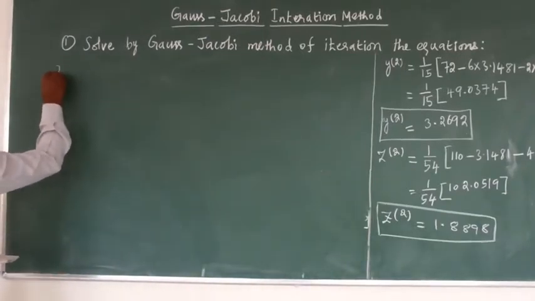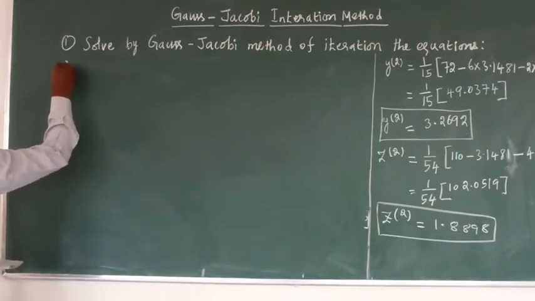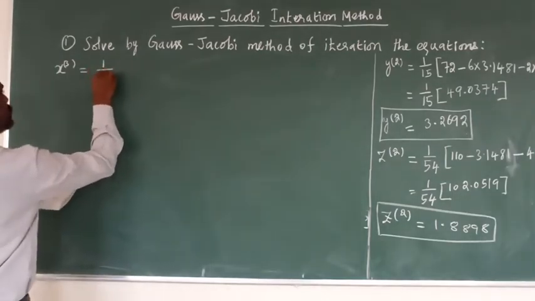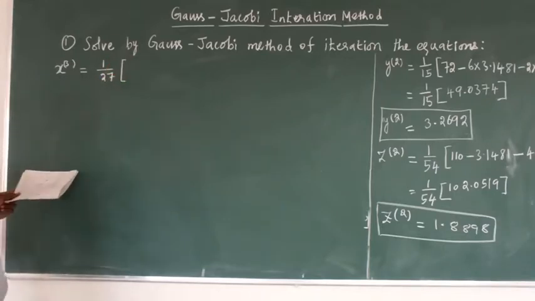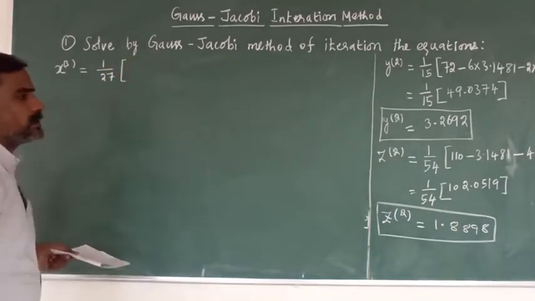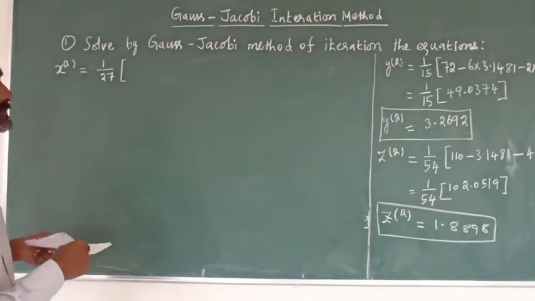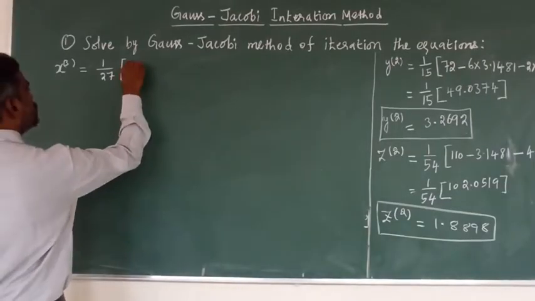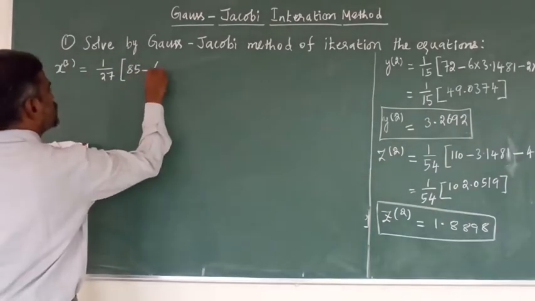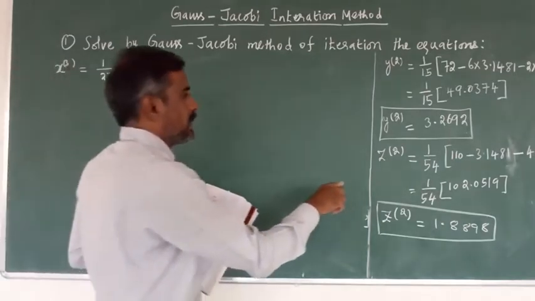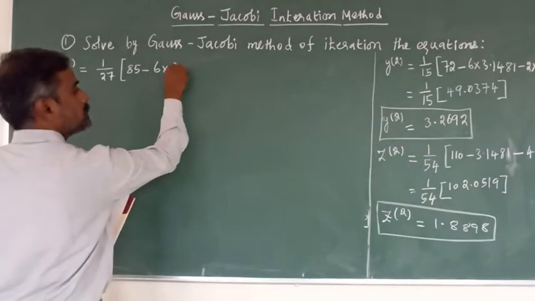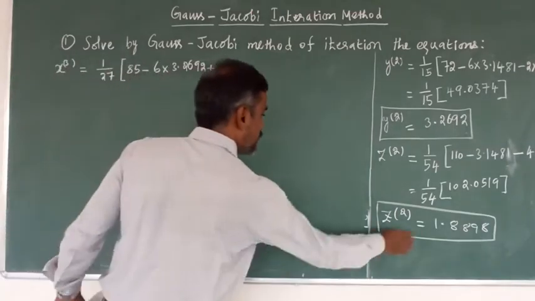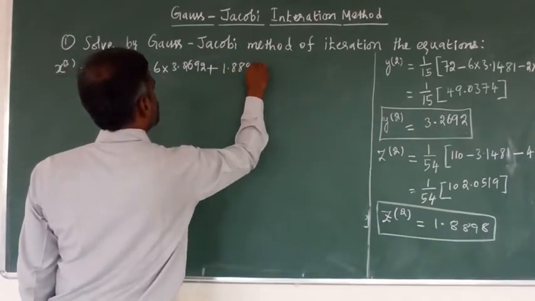Next, the third iteration. x3 = 1/27, and we substitute the values: 85 - 6 into y second iteration result 3.2692 + z value 1.8898.